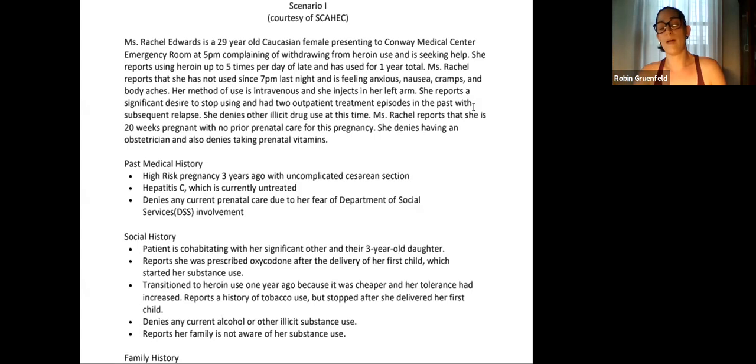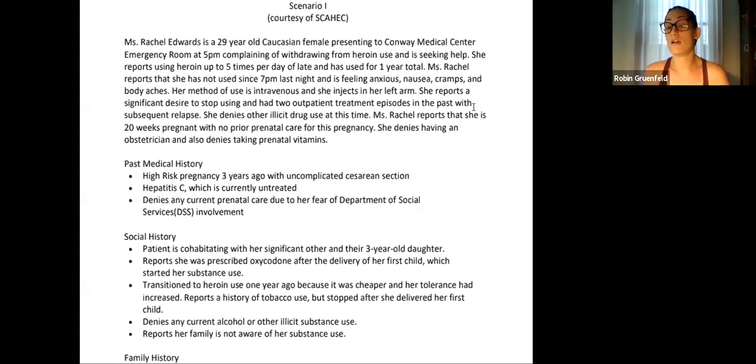The best way to get a high-risk pregnancy is to have already had a high-risk pregnancy. So this pregnancy is already high risk before we have the complicating issues, right? And so we need to figure out how to stabilize her, how to get this baby out of her safe, and then how to coordinate her care going forward so that she can safely stay clean, because that's her desire. So let's talk. What do we got?